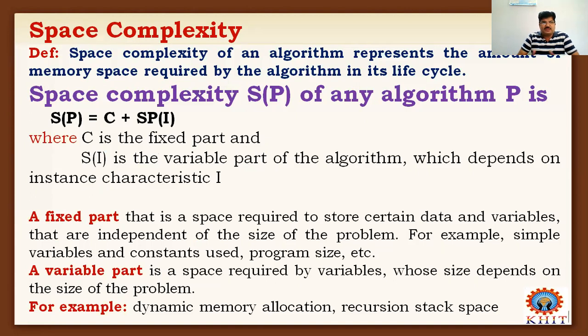It will occupy not only 1 unit of time, it will occupy sometimes n times, sometimes n square times, sometimes more. So it depends on the size of the I value. So in this case, the memory location for storing the for loop is not constant. It may vary from one situation to another situation. That's why it is considered as a variable part.